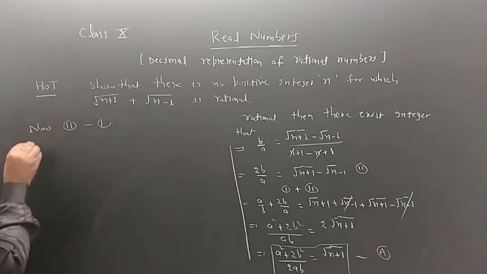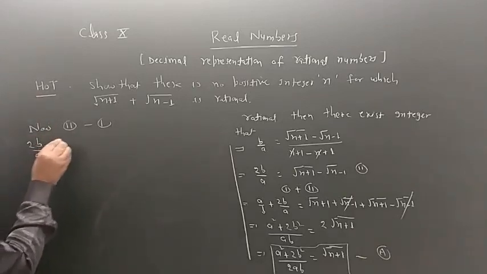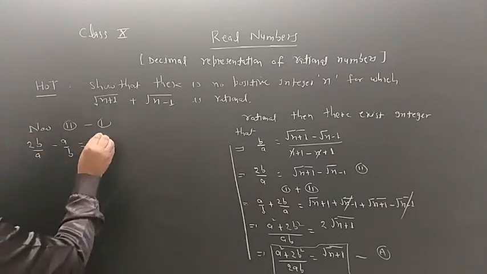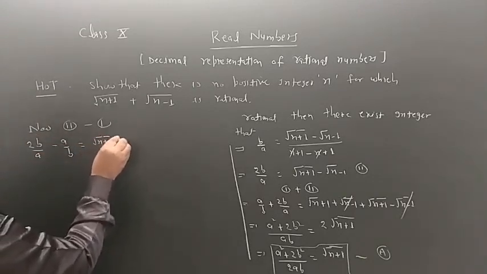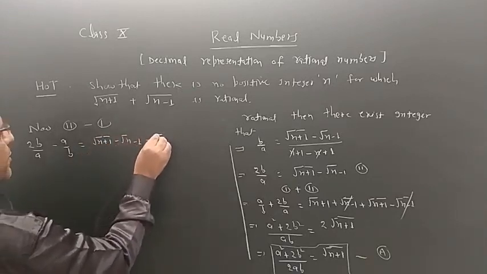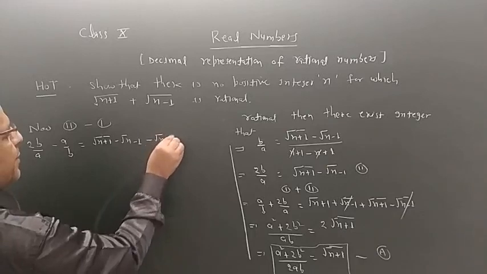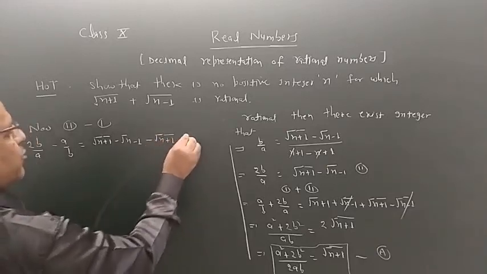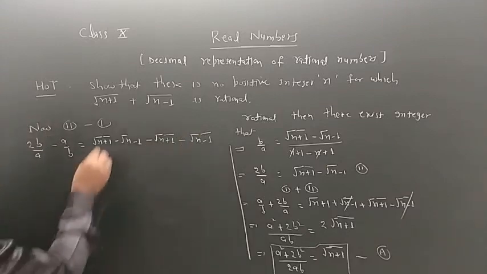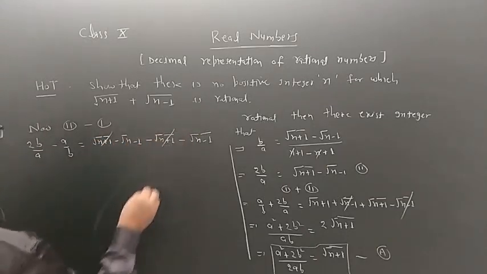So we have 2b upon a minus a upon b equal to root n plus 1 minus root n minus 1 minus root n plus 1 minus root n minus 1. So now root n plus 1 is cancelled out here.